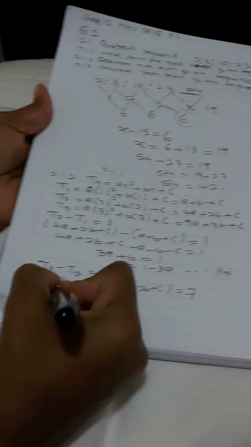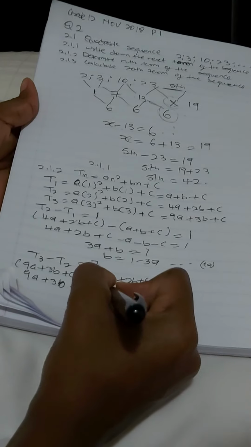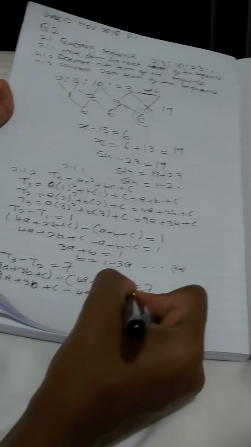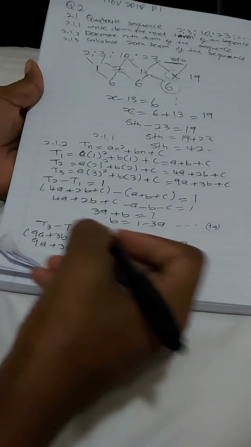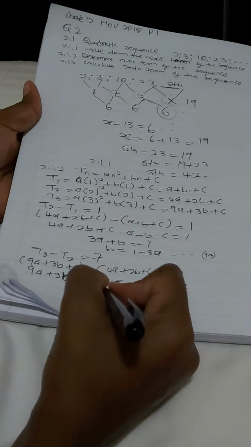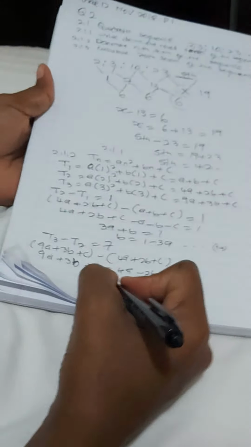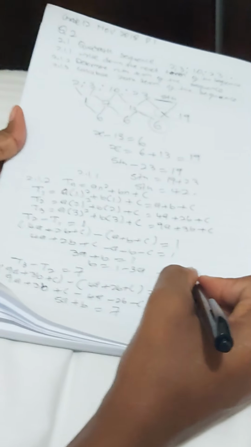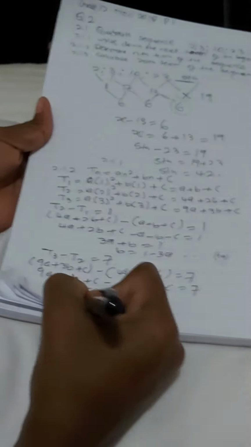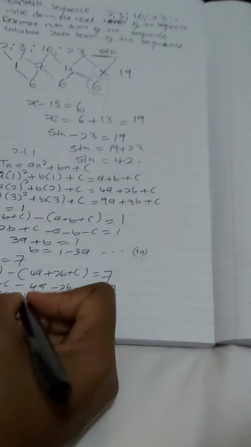So we've got 9a plus 3b plus c minus 4a minus 2b minus c is equal to 7. So 9a minus 4a is 5a, 3b minus 2b is b, plus c minus c is 0, which is equal to 7. Then we substitute equation 1 into this equation.